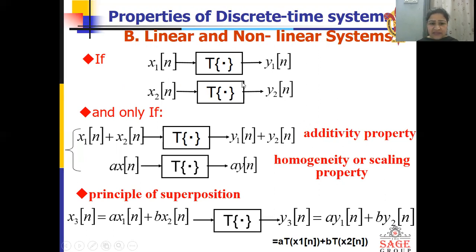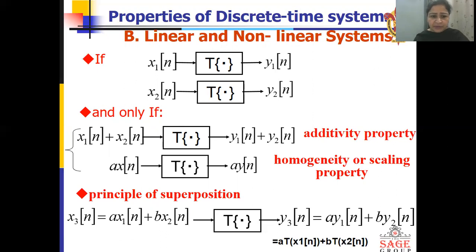Additivity property means, suppose I have any system whose operating function is T. Say input x1[n] is given and output y1[n] is generated. x2[n] gives y2[n] as output. Now, if I add these two inputs, x1[n] and x2[n], and give to this same discrete time system, I should get the output as the sum of these two outputs, y1[n] and y2[n].